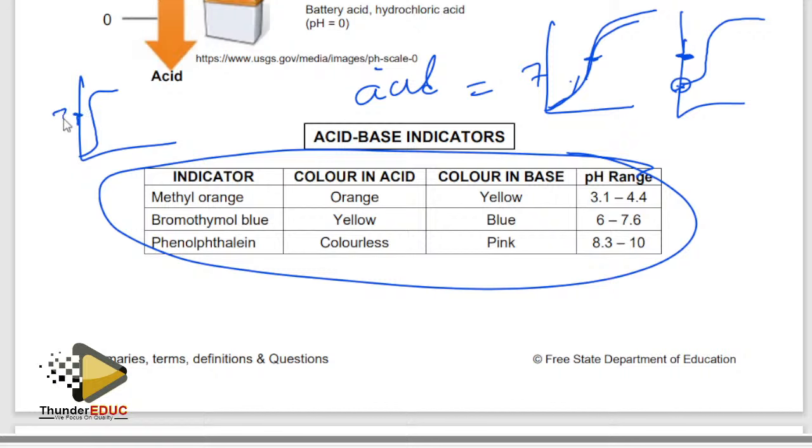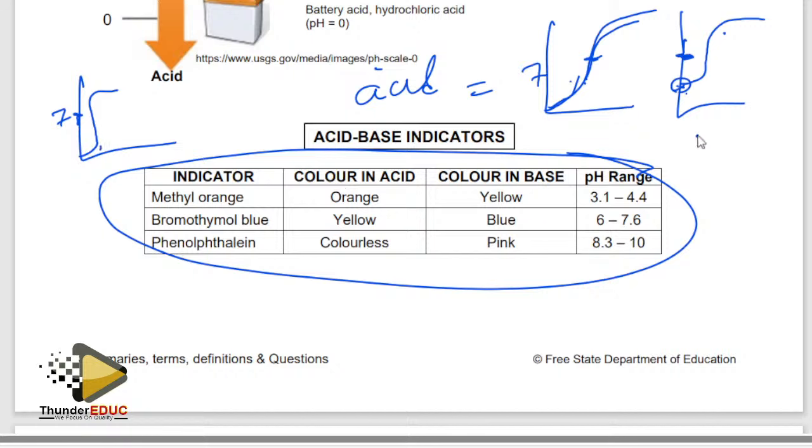If this is 7, you see that the upper part is shorter here, while the lower part is shorter there. So this one means a strong acid, weak base. This one shows a strong base, strong acid. This one means a weak acid, strong base.